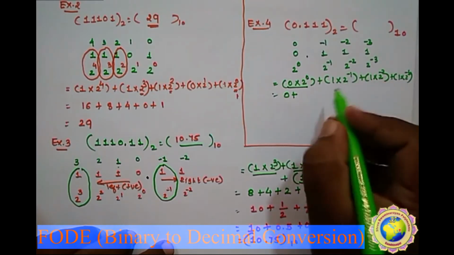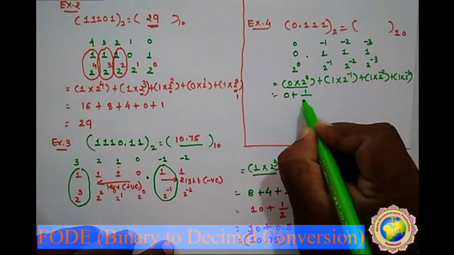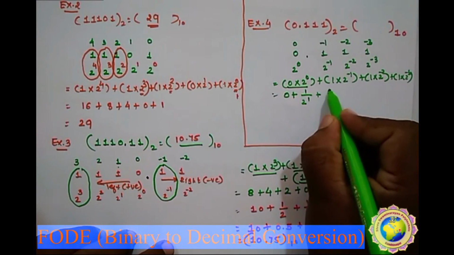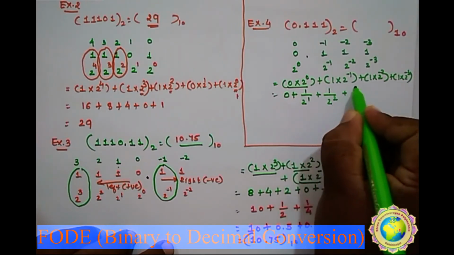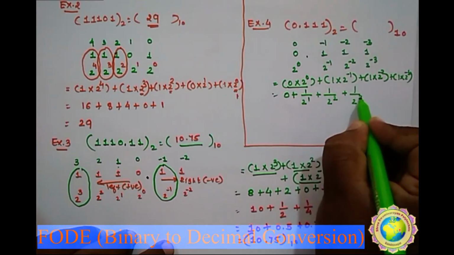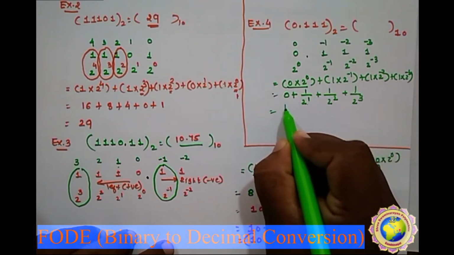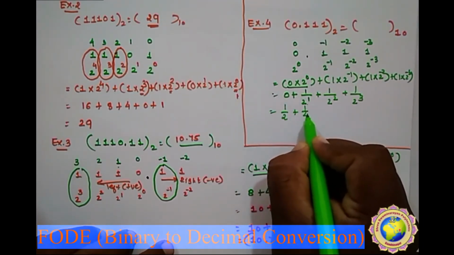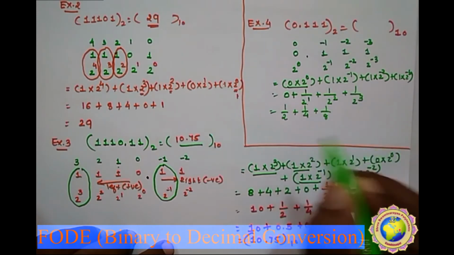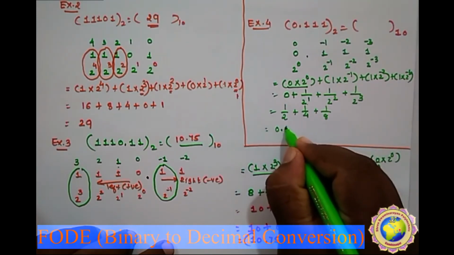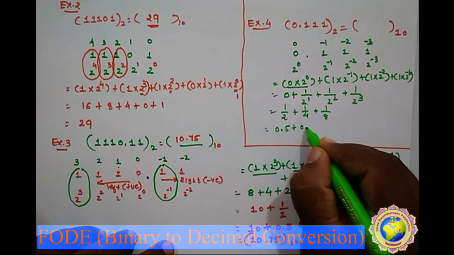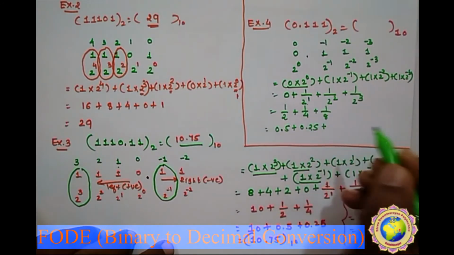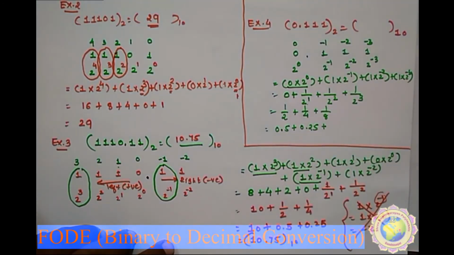Again 2 raised to -1, so put it in the denominator. So 1 by 2, 1 by 4 and 1 by 8. So it's 0.5, it's 0.25 and what is 1 by 8?